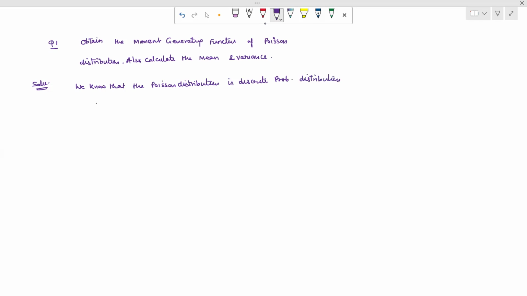So the probability mass function of Poisson distribution is P of x is equal to e raised to the power minus lambda, lambda raised to the power x upon factorial x, where x is equal to 0, 1, 2, and so on.